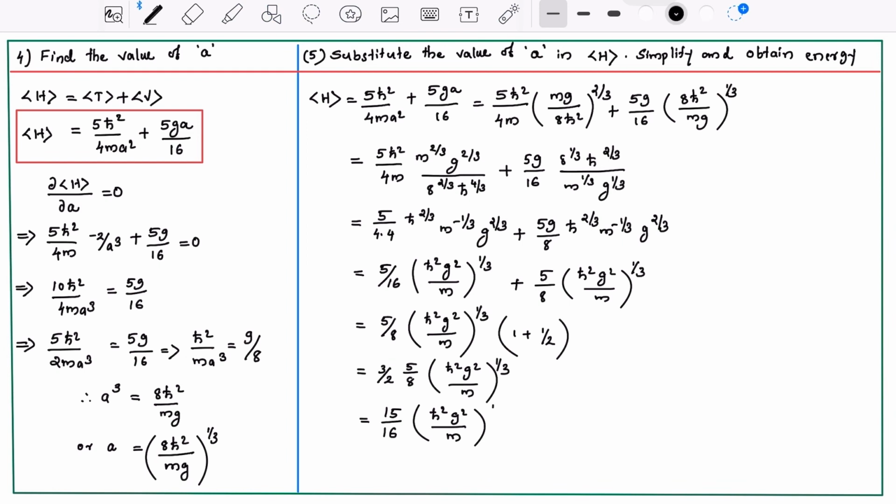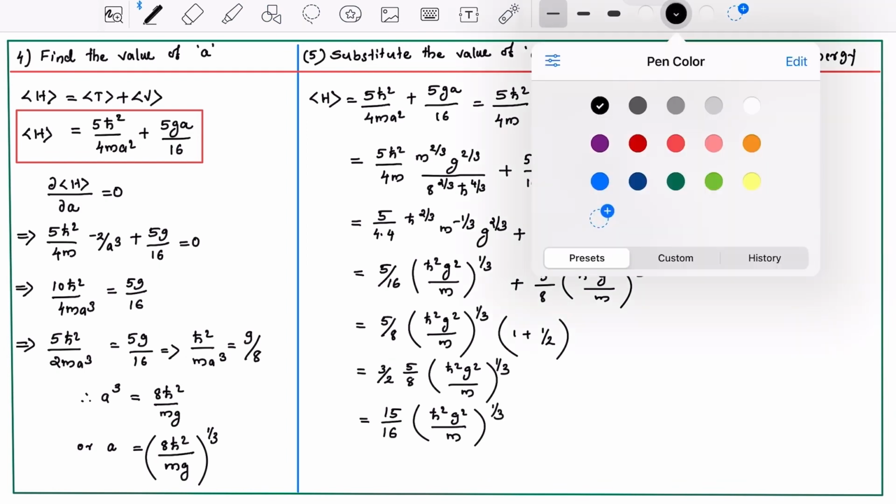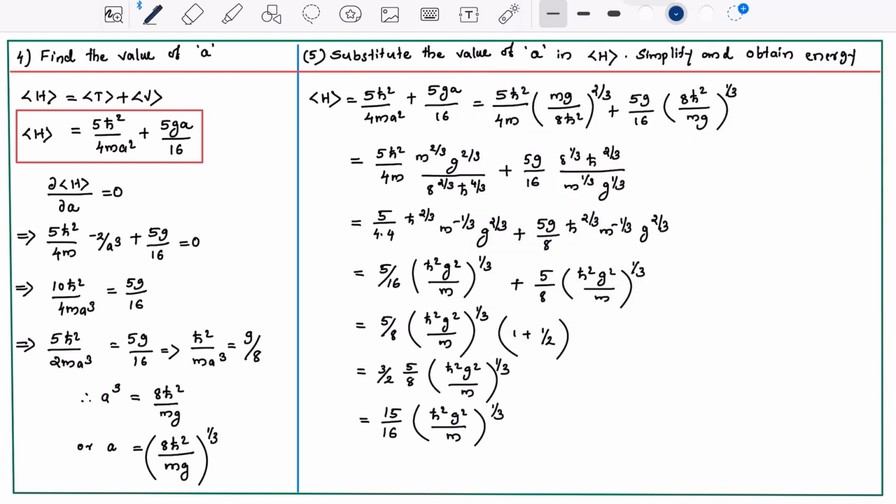This is the expression for the ground state energy. The ground state energy is given by E, that is equal to 15/16 (ħ²g²/m) all raised to 1/3.